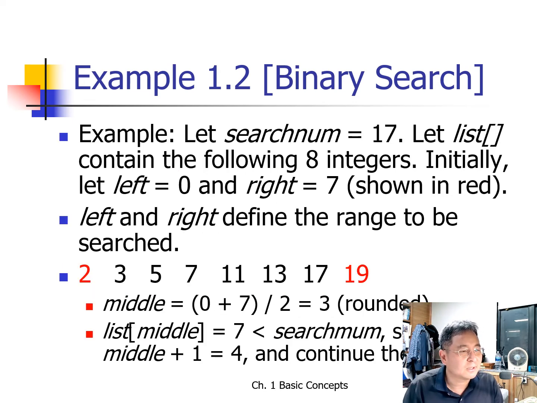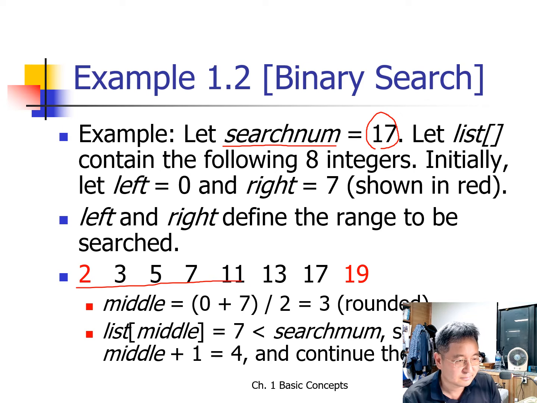Now another example is here. If we try to search number 17 from this data set, the total number of data is 1, 2, 3, 4, 5, 6, 7, 8.